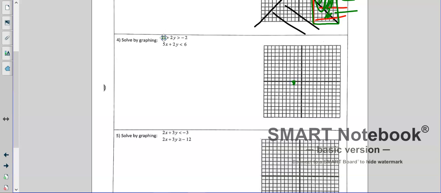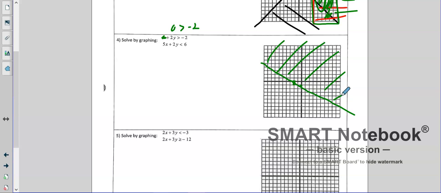And y would be -1 right there. All right. And I would normally get more dots, but I'm just kind of doing a general one here. And we test 0 is greater than negative 2. That's a true statement. So we're going to shade above this line right here.